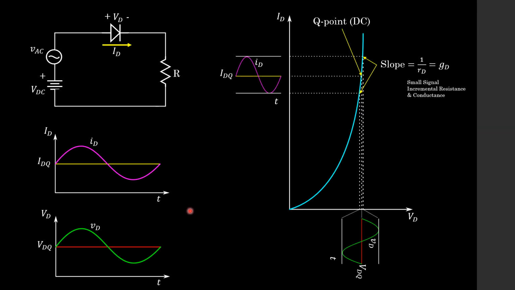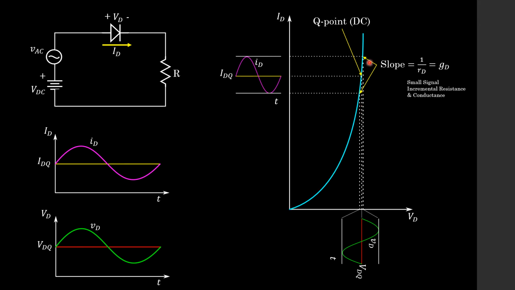Now if we were to take our voltage and current across our diode and see where it appears on the characteristic curve for our diode, remember the diode is forward biased because the DC source is connected to the anode of our diode. We know that it is going to be forward biased.